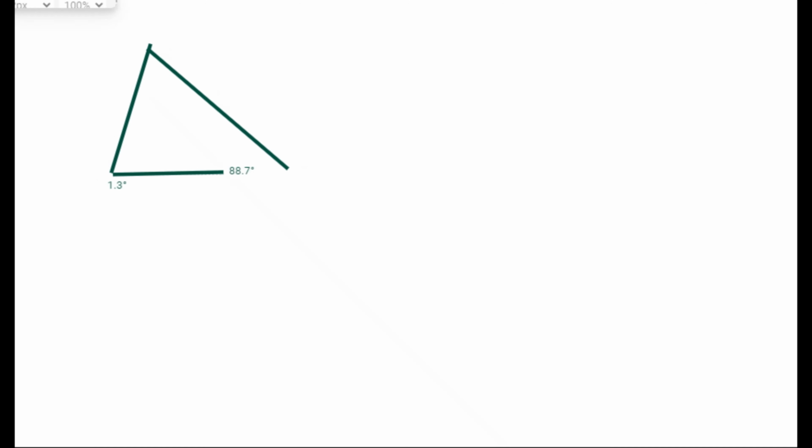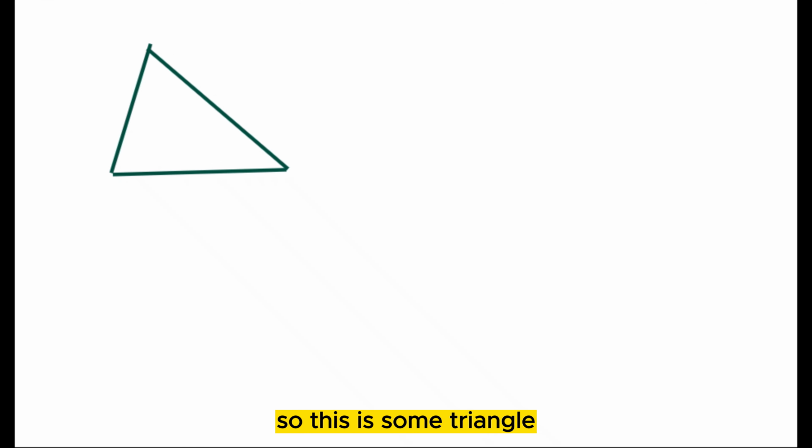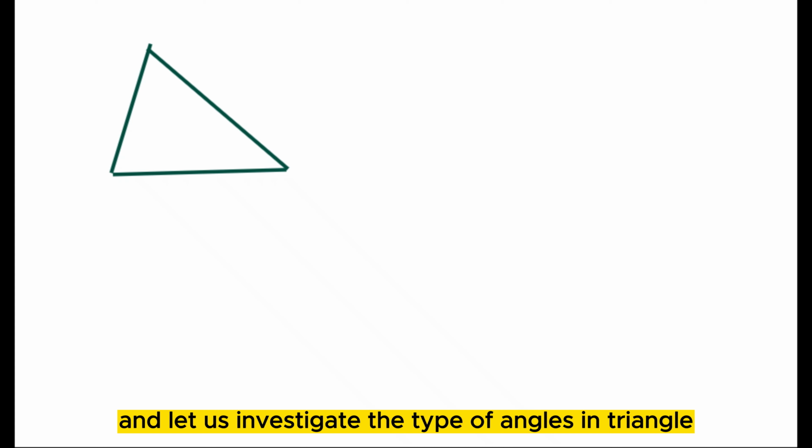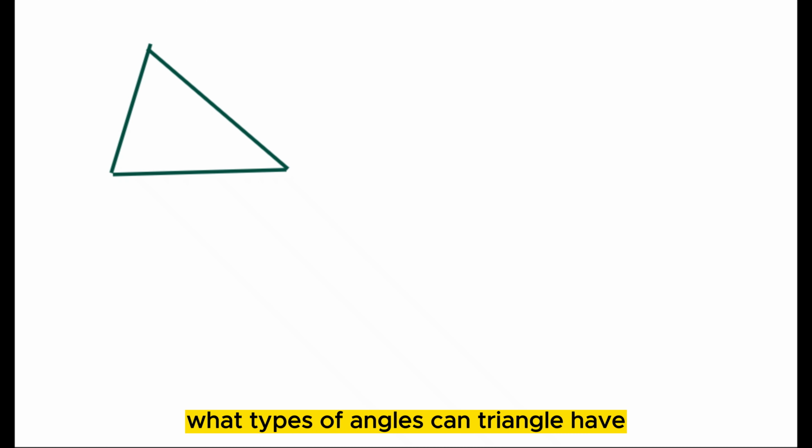Continue to investigate angles in triangle. So this is some scalene triangle. And let us investigate the types of angles in triangle. What types of angles can a triangle have?